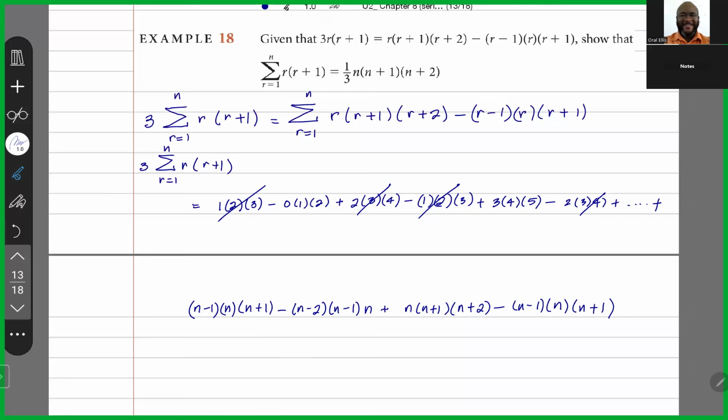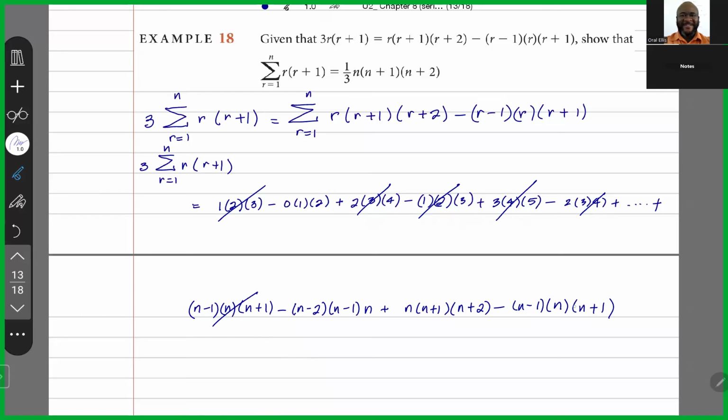All right, so as I said, the positive term is going to find its negative 3 terms to the right.